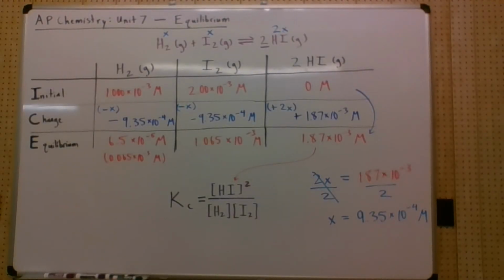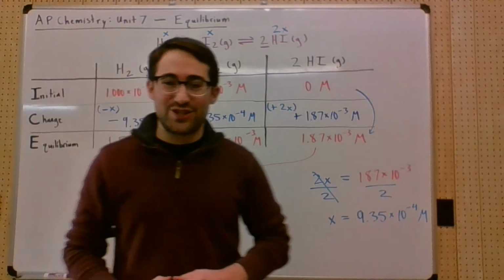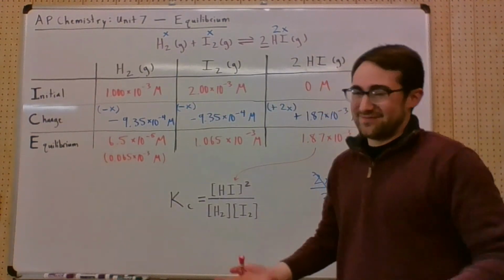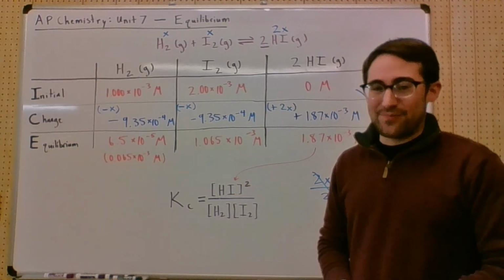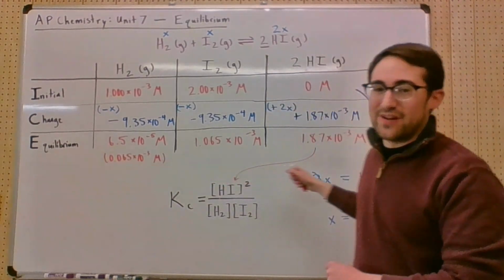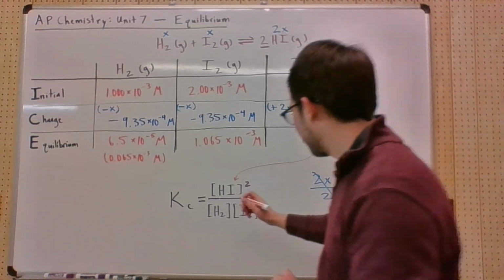I had to double check my work because it didn't look similar to the stuff from the textbook I'm taking this from, but they just like to rewrite it so that everything had the same times 10 to the negative 3 part. So these mean the same thing. It's just a different way of writing the scientific notation. So anyway, we're free to plug these in now. We've got our concentrations of H2, I2 and HI at equilibrium. So all I have to do is plug them in down here.